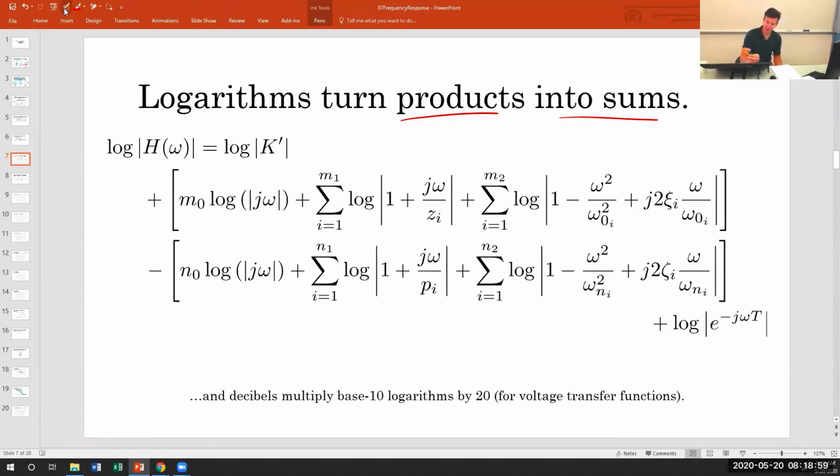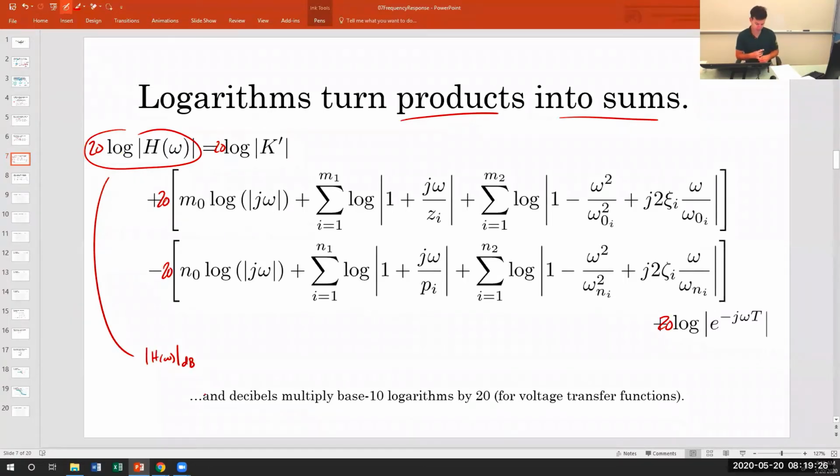And then for historical reasons, if you want to turn these into decibels, you multiply everything by 20. Okay, so this thing is what I'm going to write as magnitude H measured in dBs. Okay, so that's my shorthand. Vertical bars with a subscript of dB means take the 20 log of the magnitude of this thing.